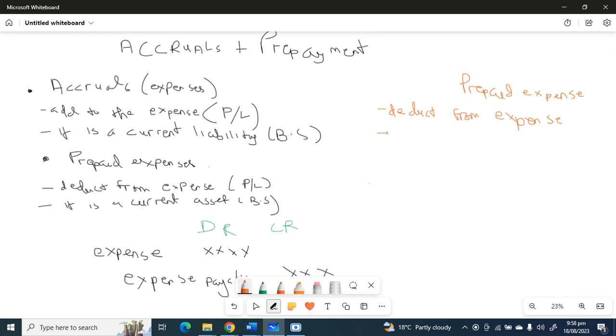Then it is a current asset in the balance sheet.